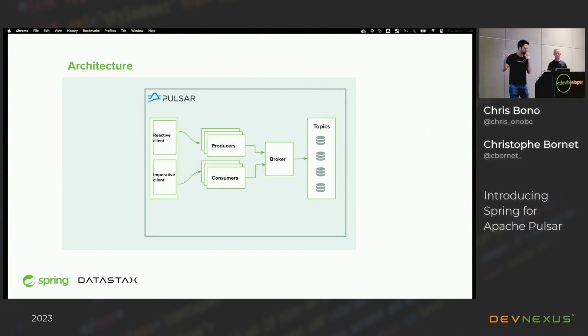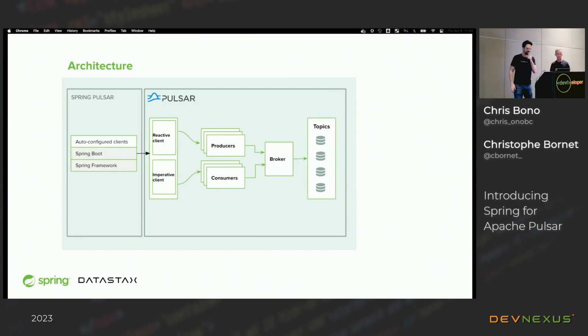There are two clients, the imperative one, which is the historical one, and we released the reactive client not so long ago. And this is what is used by Spring.